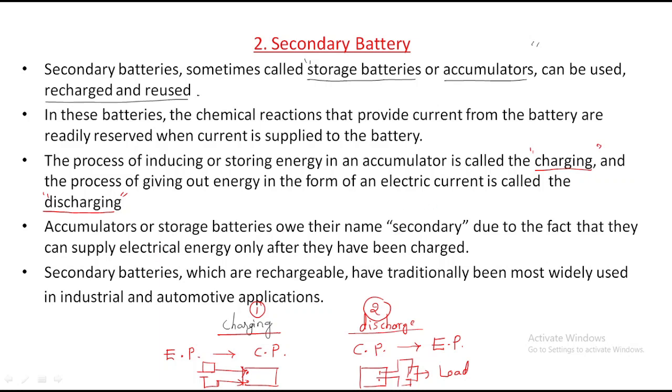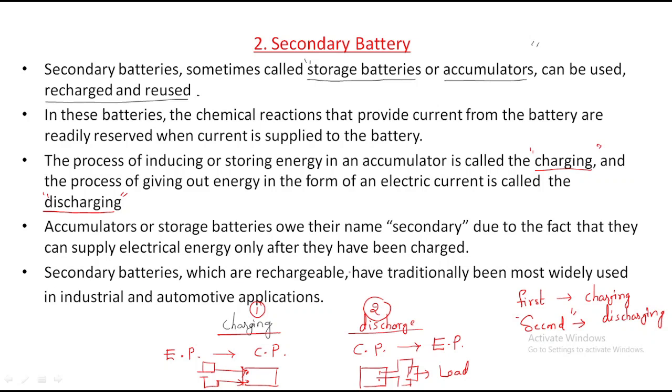First they have to be charged, then discharged, and recharged again. That's why they are called secondary batteries.